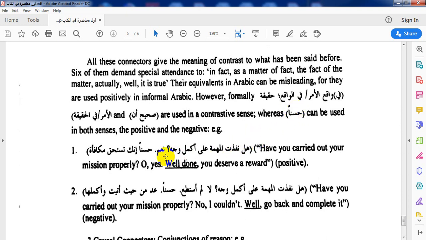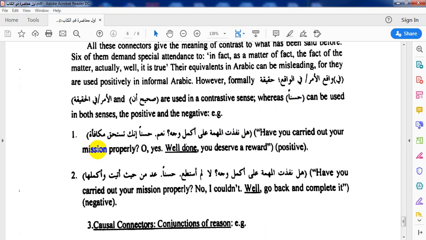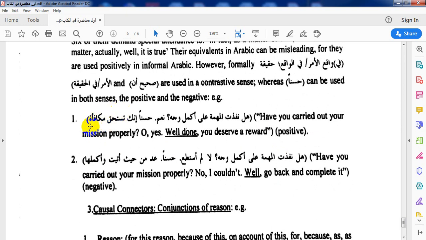So we have here two sentences. Have you carried out your mission properly? Oh yes. Well done. You deserve a reward. So well here is used. نعم حسنا.